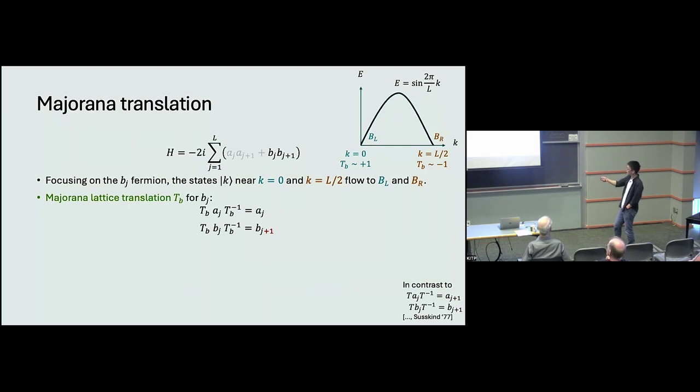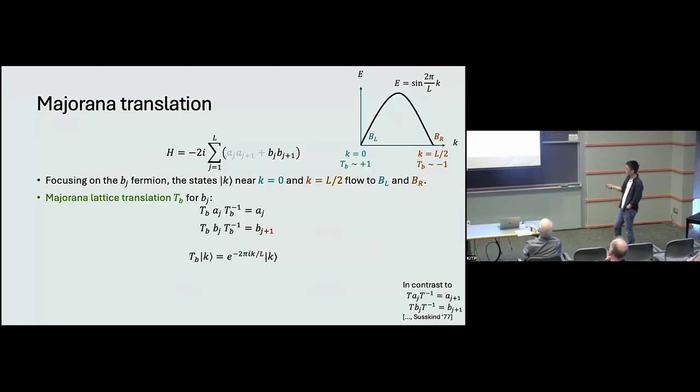So why do I want to look at this Majorana lattice translation operator T_B? In position space, it shifts the B fermion by one site. In momentum space, lattice translation is diagonalized, so it picks up a phase that depends on the momentum. Now this phase is roughly 1 when you're at this end of the Brillouin zone, and it's roughly -1 when you're at the other end of the Brillouin zone.